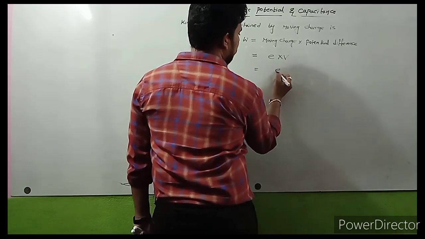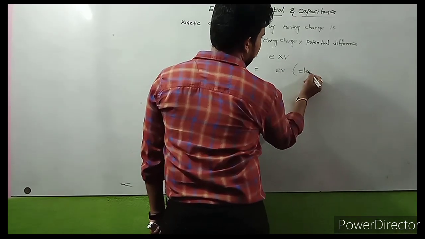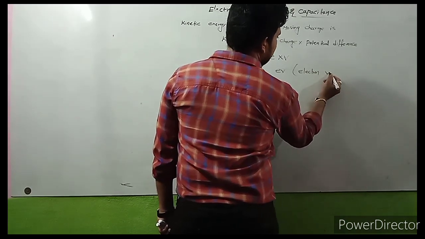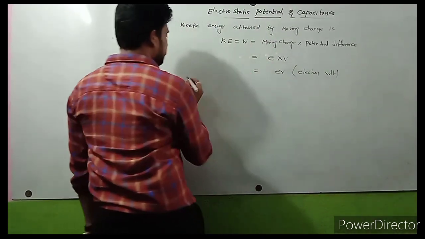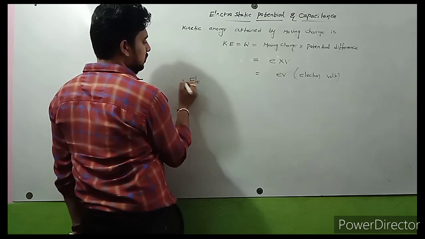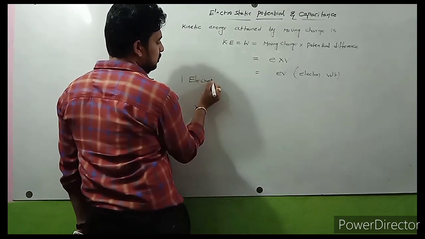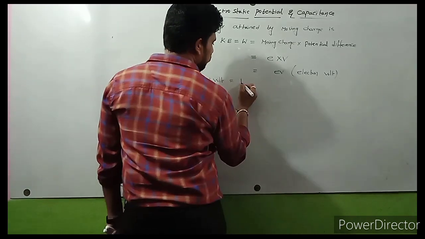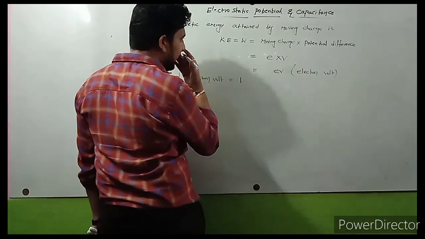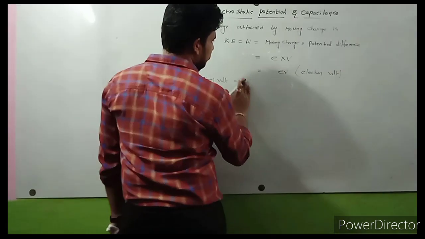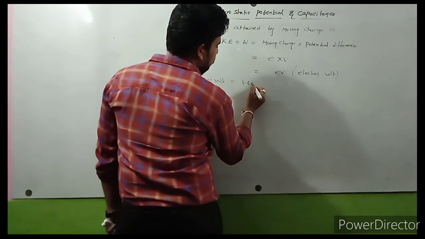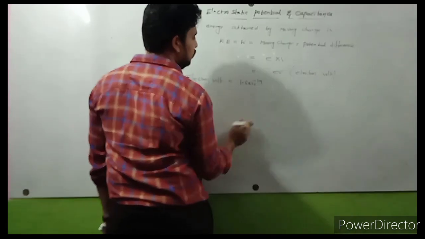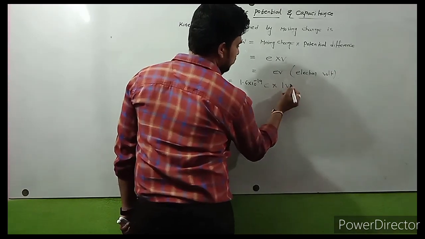So 1 electron volt is equal to 1.6 into 10 power minus 19 coulomb charge into 1 volt.